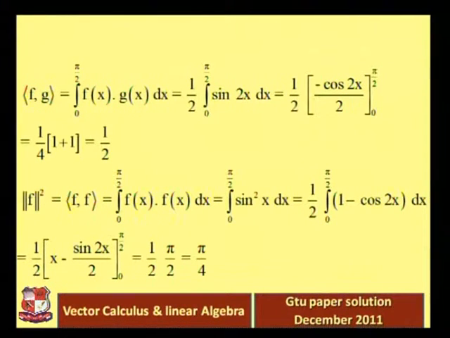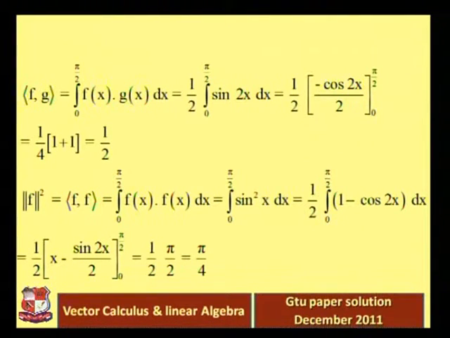Now we want to find norm f square. Norm f square is equal to the inner product of f with f, so the integral from 0 to π/2 of f(x) into f(x) dx, that is equal to the integral from 0 to π/2 of sin square x dx. Sin square x can be written as 1 minus cos 2x divided by 2. So 1 by 2 will be outside.